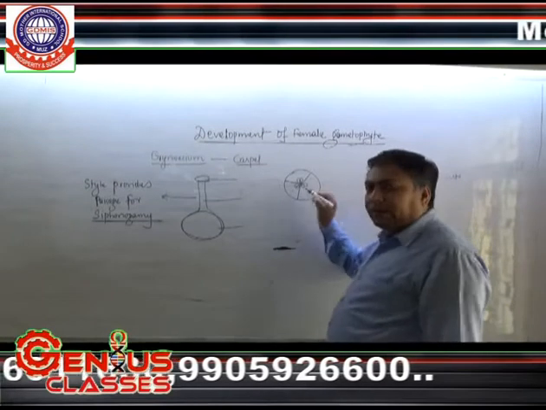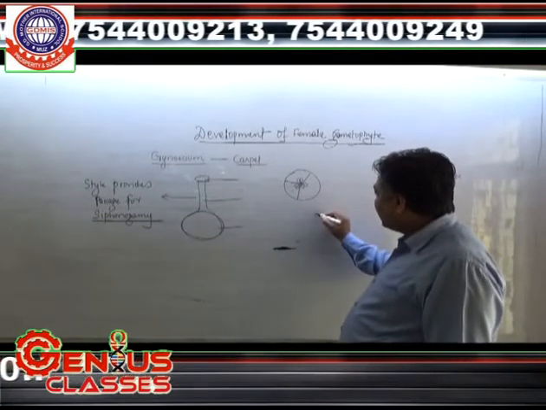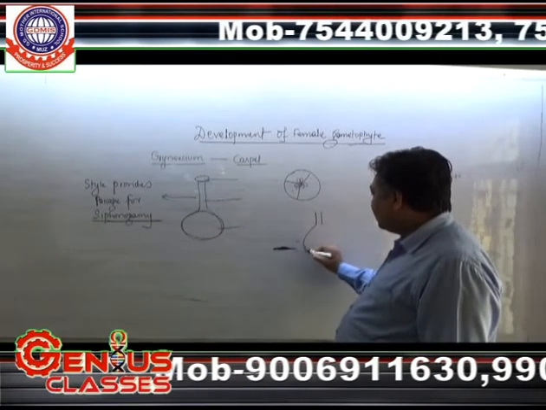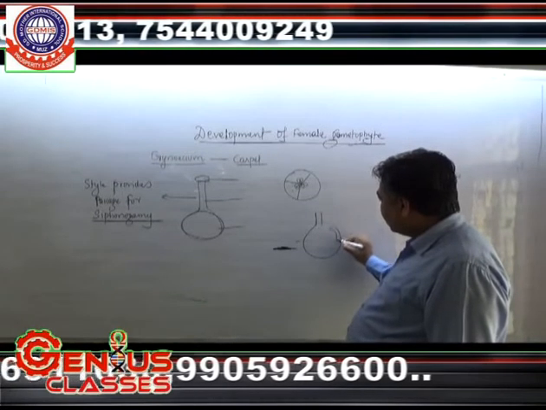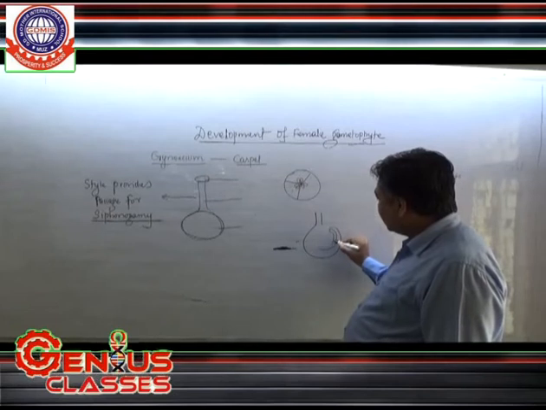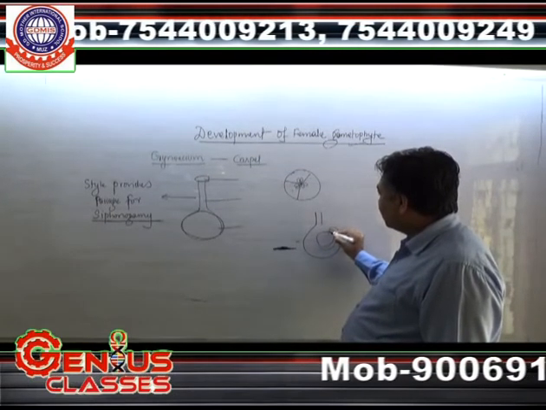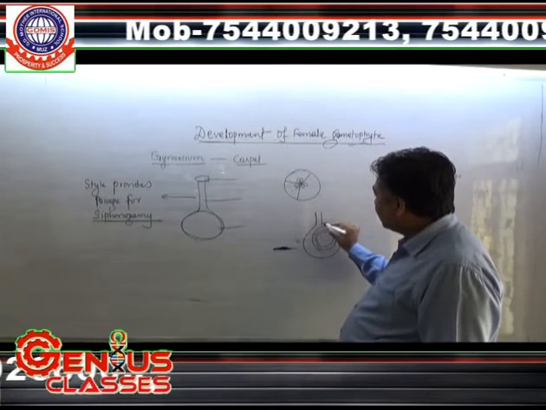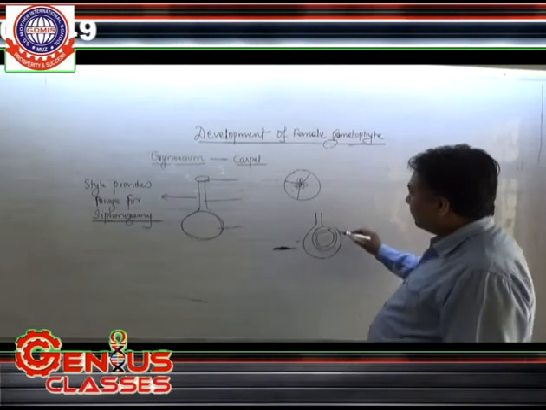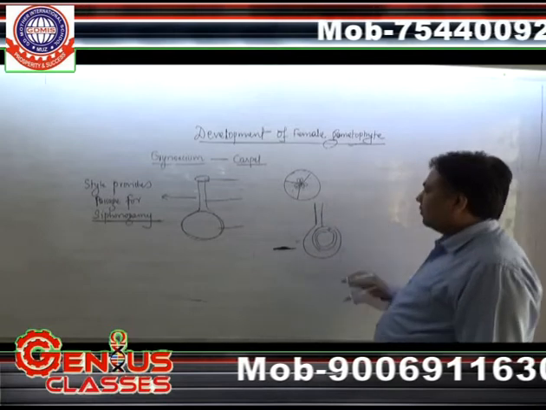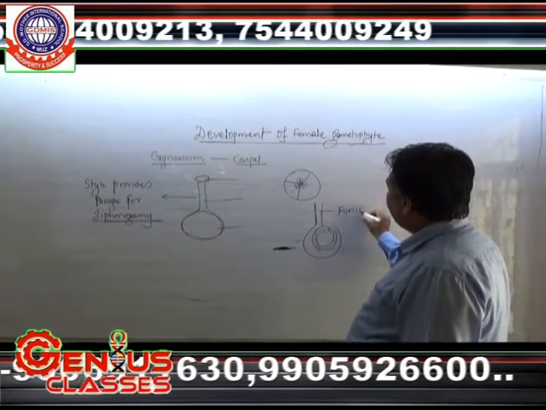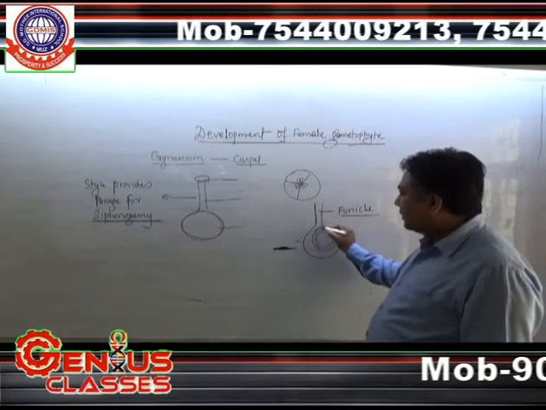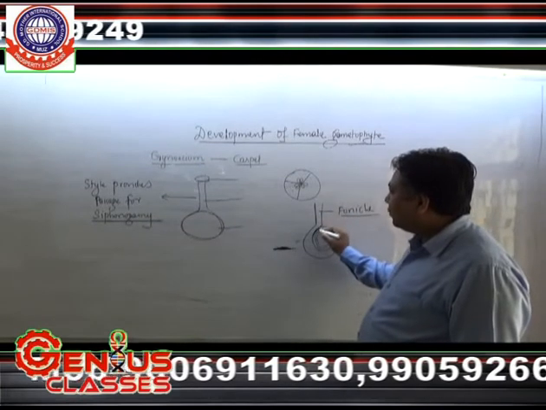In the detailed structure of the ovule, the stalk-like structure which joins the ovule inside the ovary to the placenta is called funicle, and the side from where the funicle is attached is called hilum.